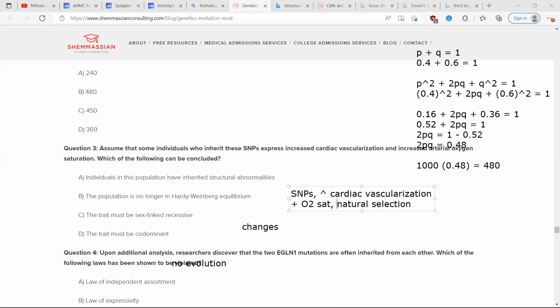This is increased natural selection because these things are helping the Highlanders adapt to their low oxygen environment. If natural selection exists, then there is no Hardy-Weinberg, because Hardy-Weinberg is when there's no evolution or natural selection. And so the population is no longer in Hardy-Weinberg equilibrium. So that's basically what they were getting at, but it was very annoying to understand.